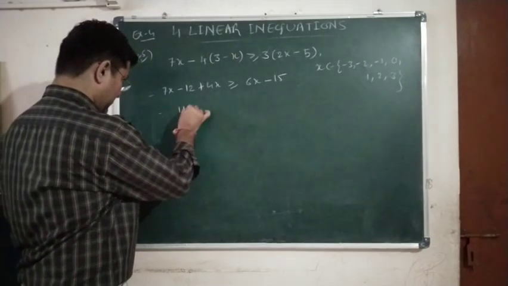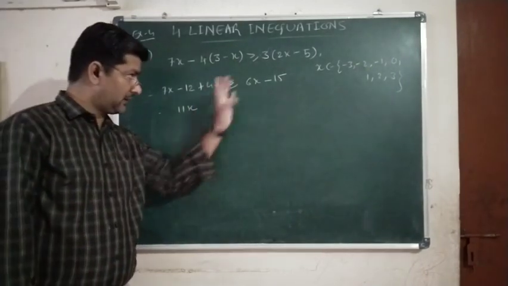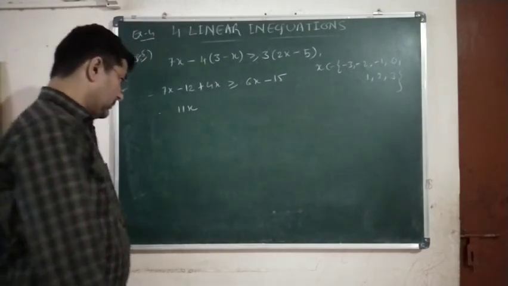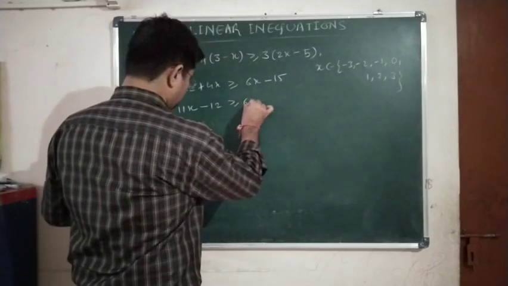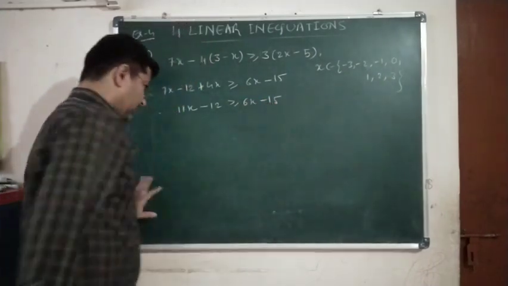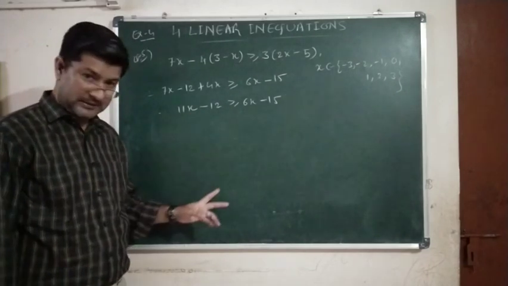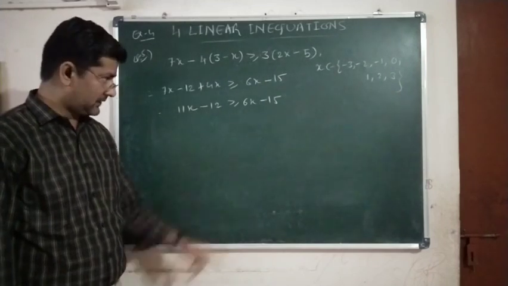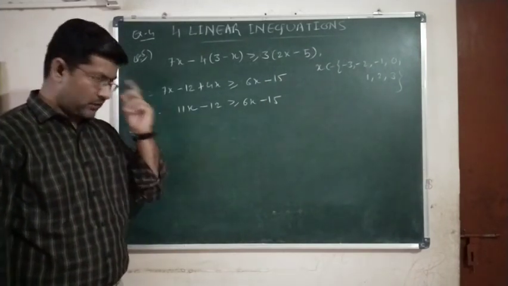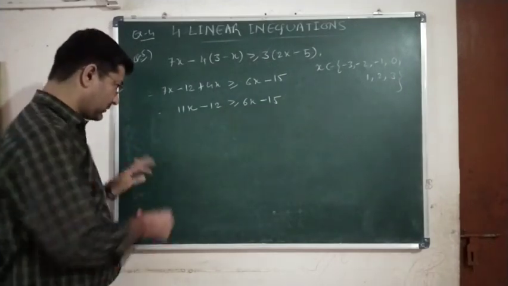Okay, now let us further solve. 7 + 4 is 11x. Now there are two terms of x on both the sides, so from one side we will remove that term containing x. So let us eliminate 6x. In order to eliminate 6x, you will add -6x on both the sides.